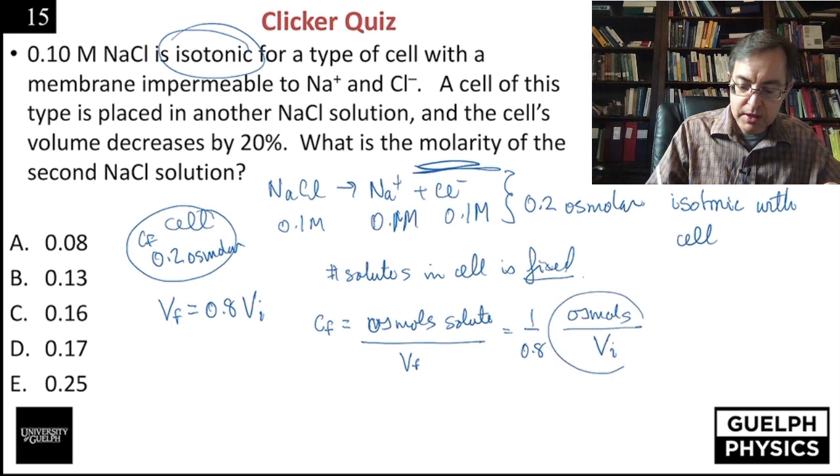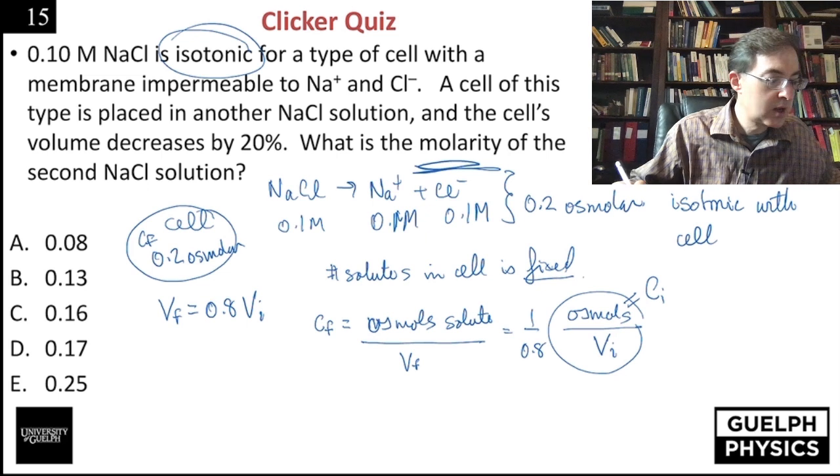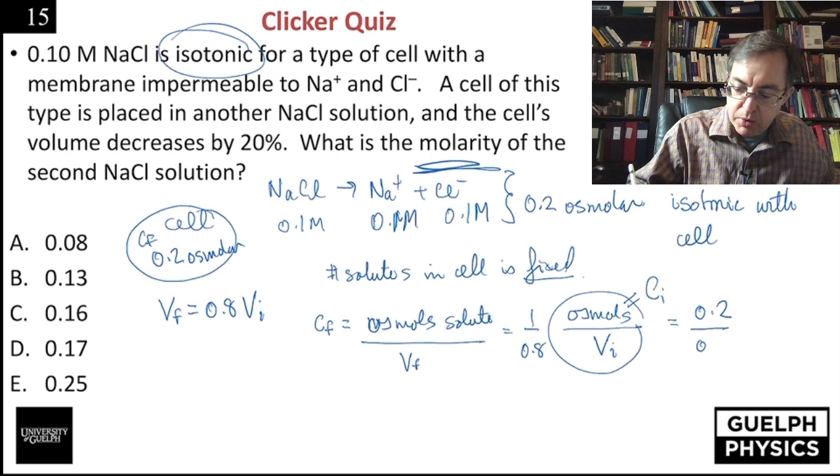But this is just the initial concentration. So the final concentration is just 1 over 0.8 times the initial concentration. And so that is 0.2 osmolar for CI divided by 0.8, which equals 0.25 osmolar.